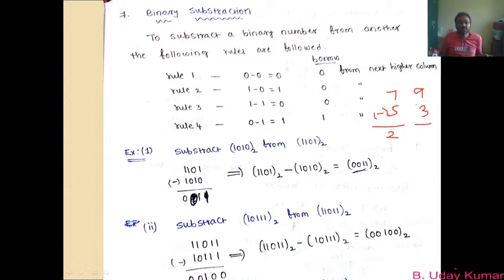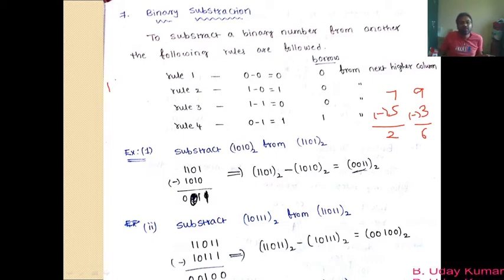In such cases also there is no problem. 9 minus 3 becomes 6. So you know this subtraction of decimal numbers from one another. But what happens if the value is like this? Let us check it.